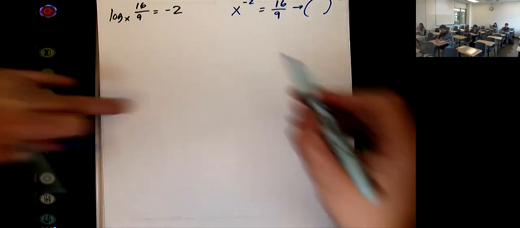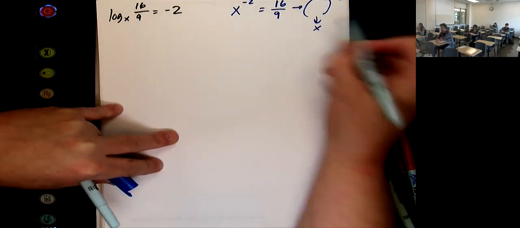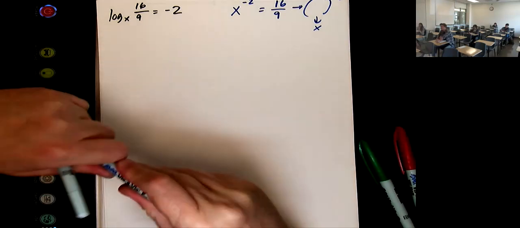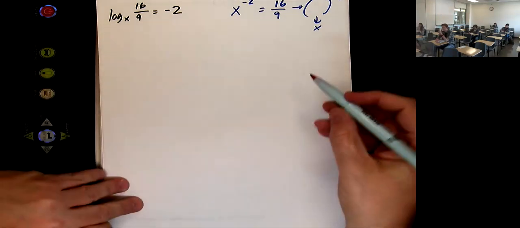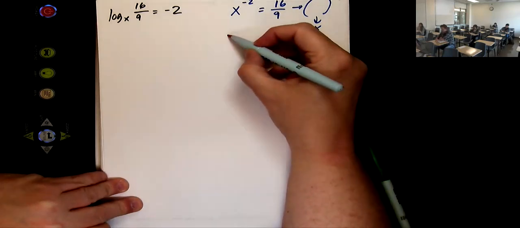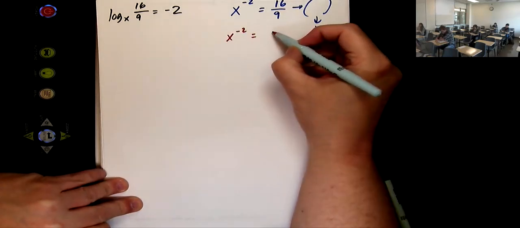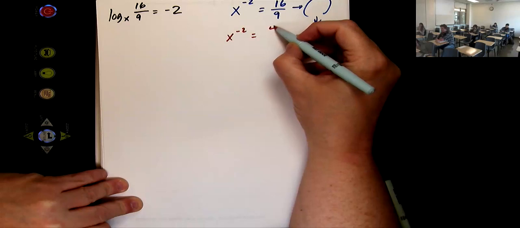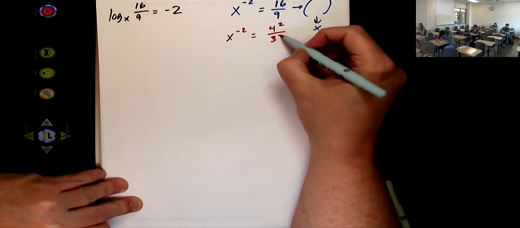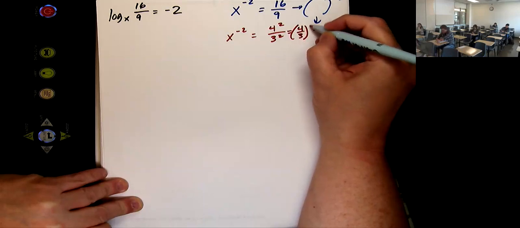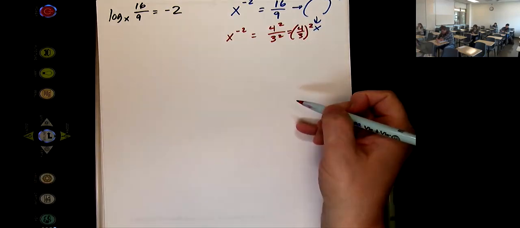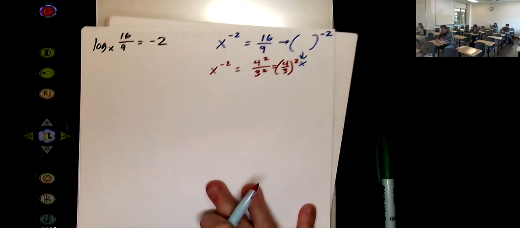And if we can, then we know whatever this is, x. So maybe the better way of doing it would be writing it as just to the positive power. This is 4 squared over 3 squared, or 4/3 squared.